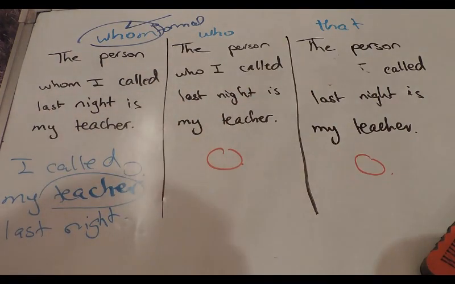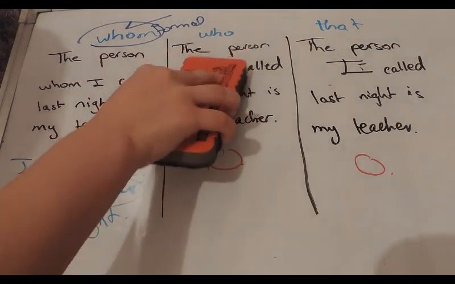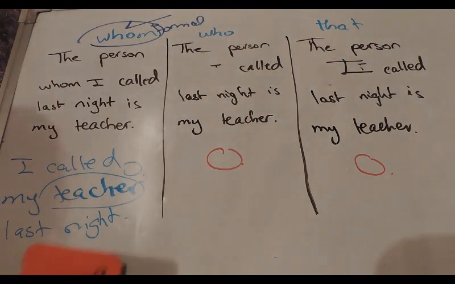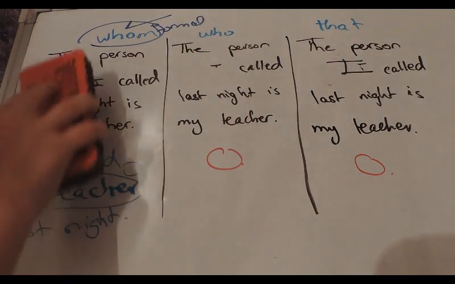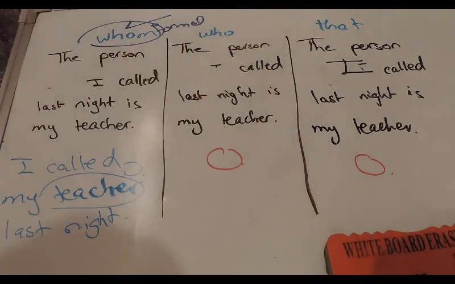Meaning it isn't wrong if I said the person I called last night is my teacher. So if I just removed who here, it is still correct. And if I removed whom here, it is also still correct. So it is not wrong to say the person whom I called last night is my teacher. This is objective, this is formal usage.